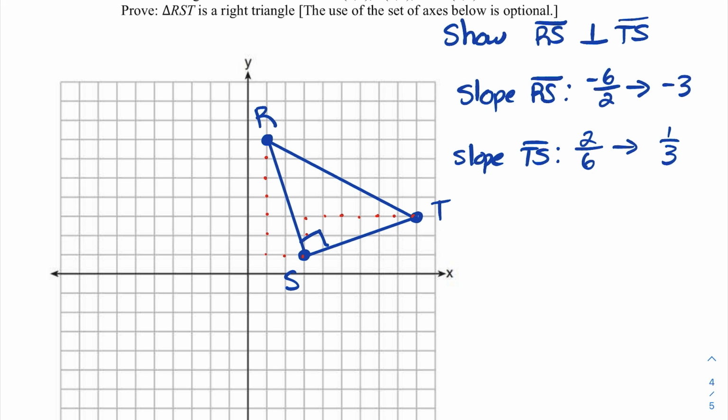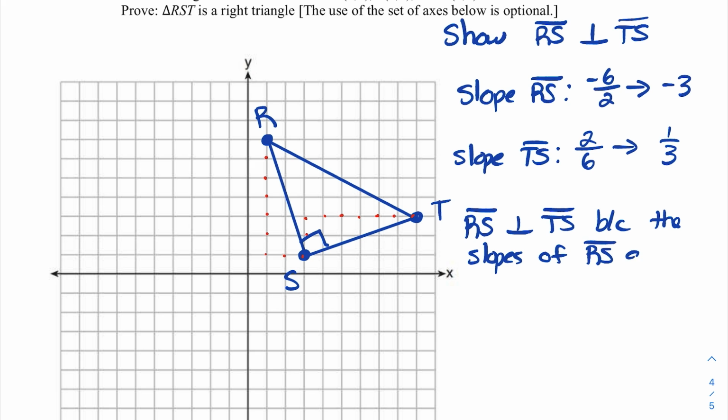So I'm going to say RS is perpendicular to TS because the slopes of RS and TS are negative reciprocals.